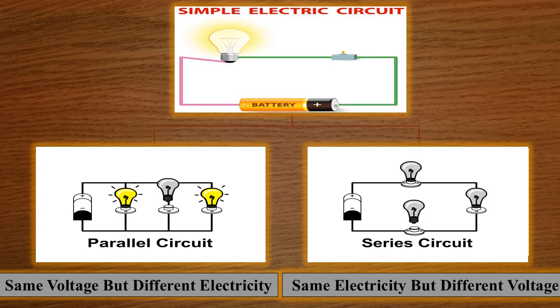But the electricity flow is not the same, because on each point or each line, the electricity flow is divided into two parts. That's why all of the devices do not get the same amount of electricity.